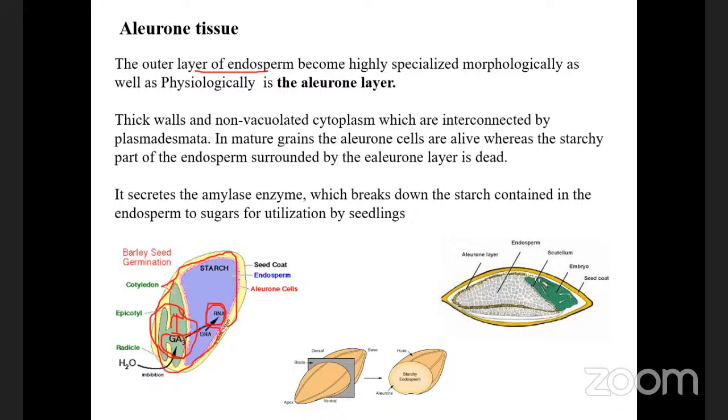For that reason, the aleurone layer is very useful for the activation, for the starting of the enzymatic reaction in the seed for germination. With that, the phosphate reaction, ATP synthesis will take place. That ATP energy will be utilized for the germination of the seed by stimulating the gibberellic acid.